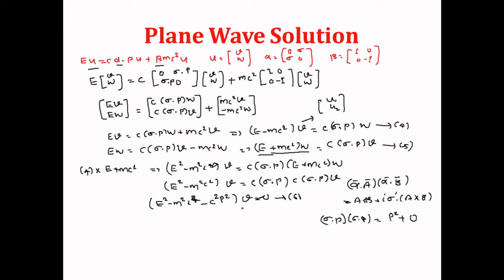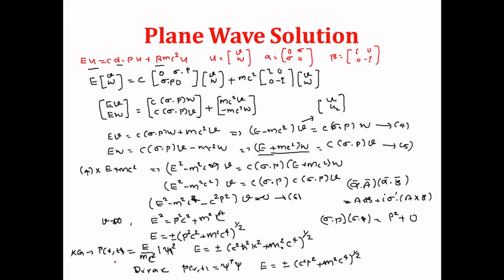Now for a non-trivial solution, V not equal to 0, that means this term must be equal to 0, that is E square equal to P square C square plus M square C raised to 4. So the value of E is plus or minus P square C square plus M square C raised to 4, the whole raised to half.